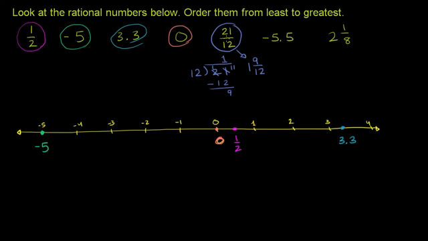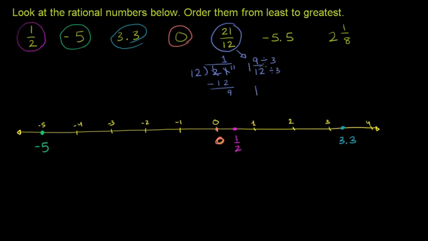We could have simplified this right from the get-go, because both 21 and 12 are divisible by 3. We can simplify 9/12 by dividing both the numerator and the denominator by 3.